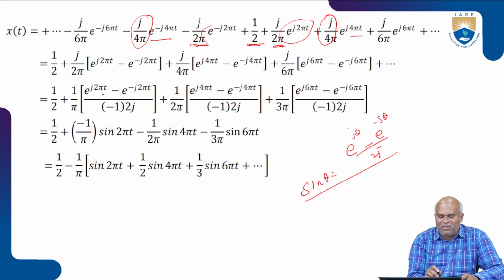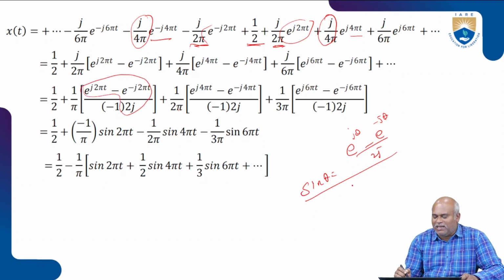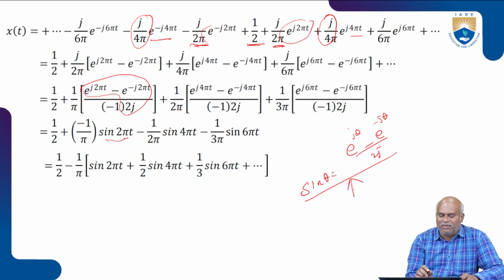Then after this, see, this portion is like our sine term of Euler form. Then I write the value sine of 2 pi t. So 1 by 2 minus 1 by pi sine 2 pi t, minus 1 by 2 pi sine of 4 pi t, minus 1 by 3 pi sine of 6 pi t, like that I write.